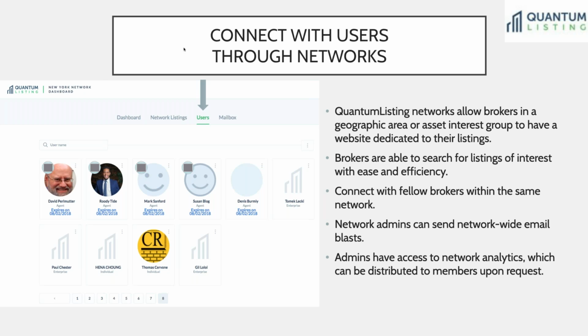So if it's more interesting to you to just see what a few different people are doing rather than your entire network, you can follow them, and you'll be able to find them on the social section of your profile page on that left-hand sidebar menu. Network admins, if you're setting up your own network, can send network-wide email blasts. They also have access to network analytics, which they can distribute to their members if they so choose.